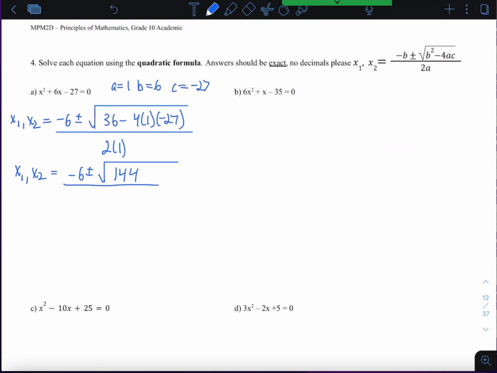That's nice. So x1 is going to be -6 plus 12 over 2. x1 is 3. And x2 is going to be -6 minus 12 over 2. x2 will be -9.